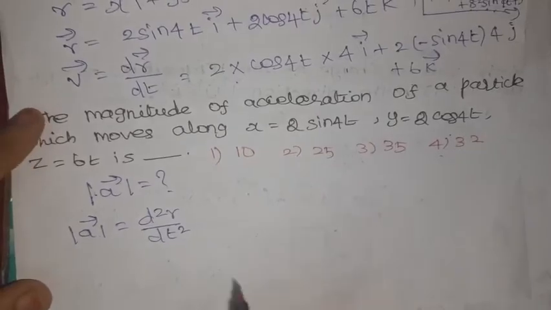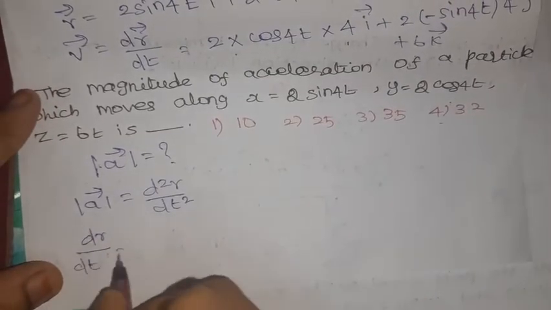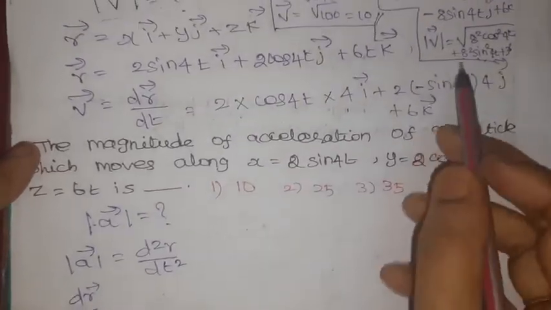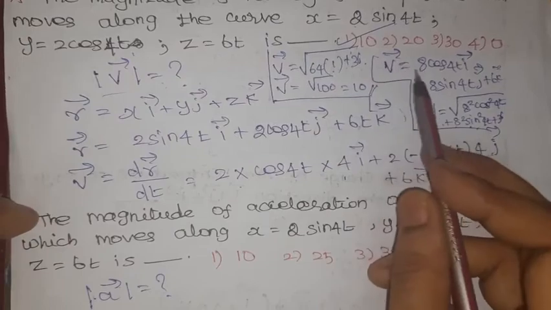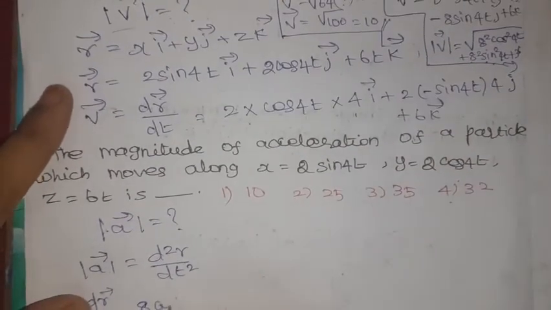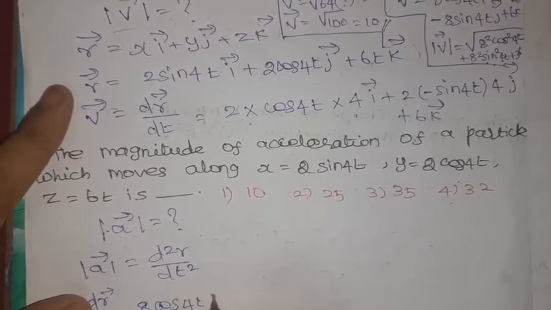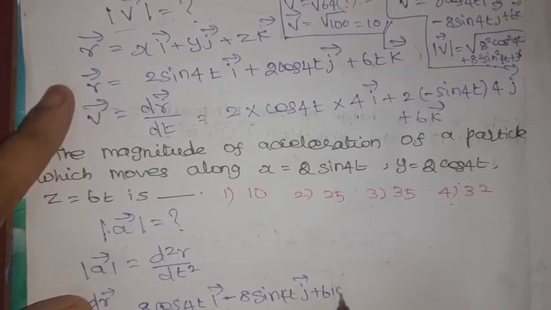We can find d by dt of dr by dt, which is the velocity: 8 cos 4t, I am just copying it down here because it is the same data, minus 8 sin 4t j plus 6k.